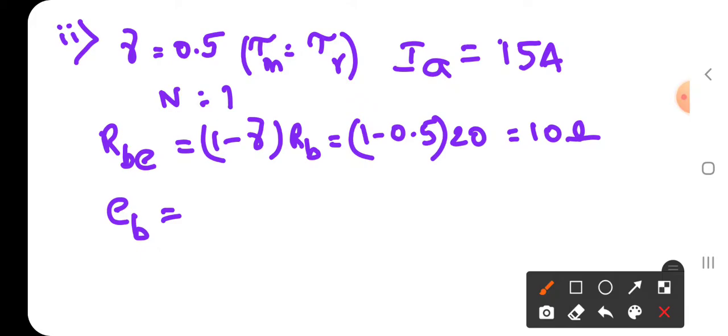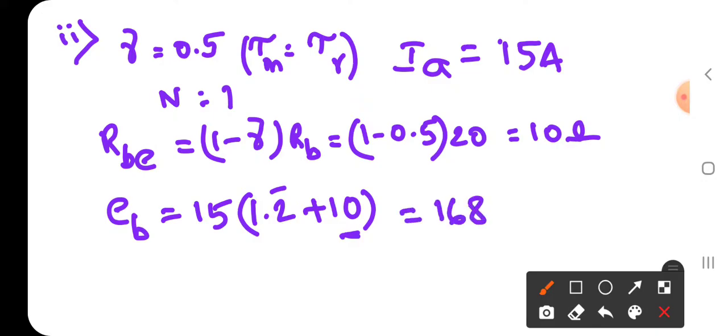EB is equal to, in the braking condition, it is not required to take the V, because V is equal to 0. We disconnect the V and we connect the braking resistance. So hence 15 into (1.2 plus 10), where 1.2 is RA and 10 is the effective braking resistance, which is given by 168 volts.